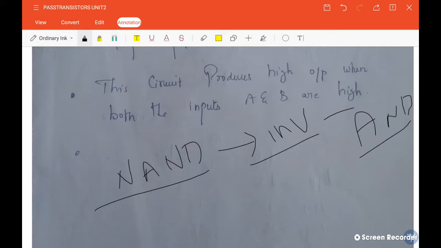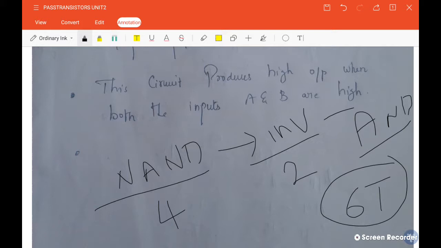For example, for implementing a 2 input NAND gate, you require 4 transistors, that means 2 NMOS and 2 PMOS. And for implementing the inverter, you will require 2 more transistors. So totally, to get an AND operation, we require 6 transistors. So you require 6 transistors for implementing an AND logic in complementary CMOS.